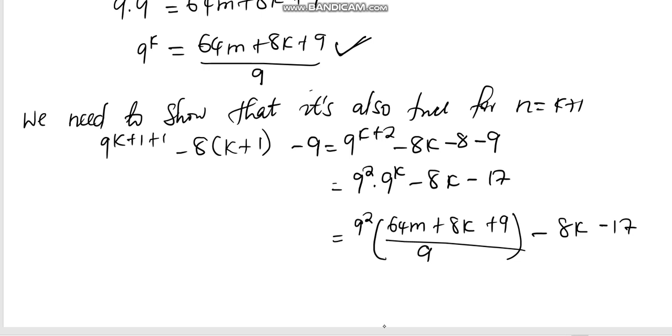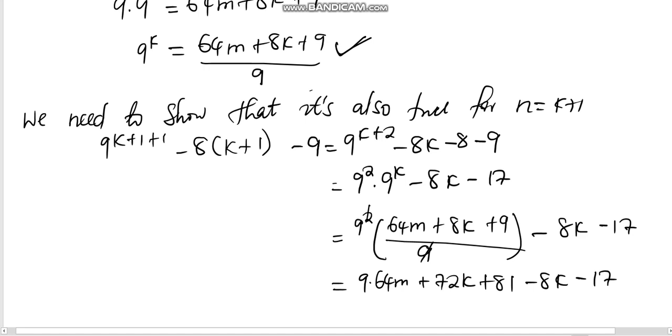Okay, so the 9 will cancel with the 9 on top, so we just have 9 multiplied by 64m plus 72k, then 9 times 9 is 81, minus 8k minus 17. Here we add and subtract the like terms.